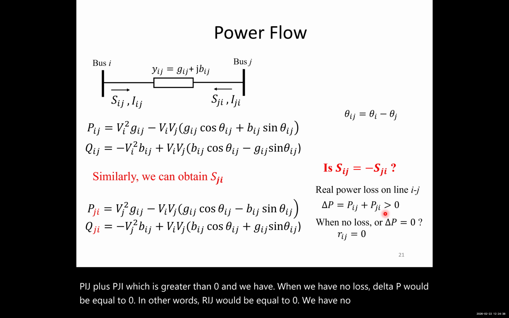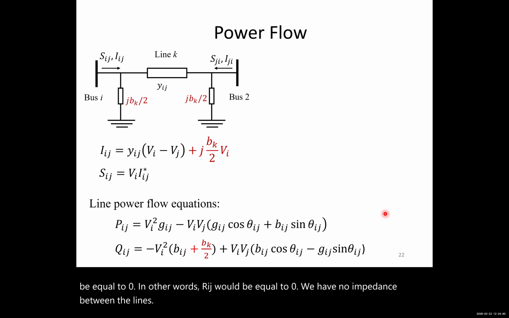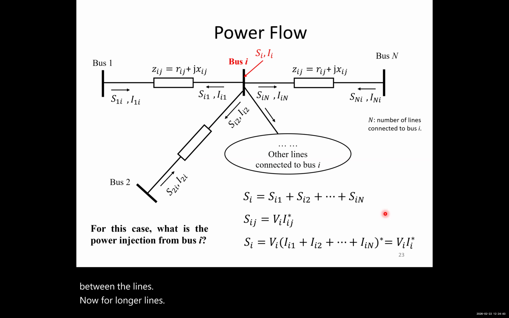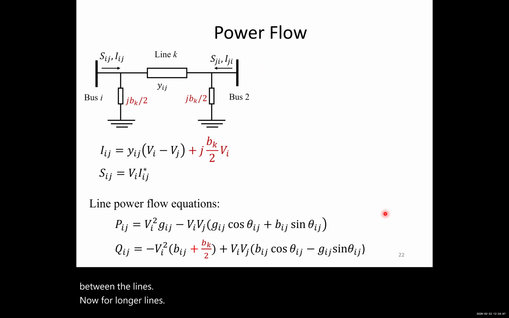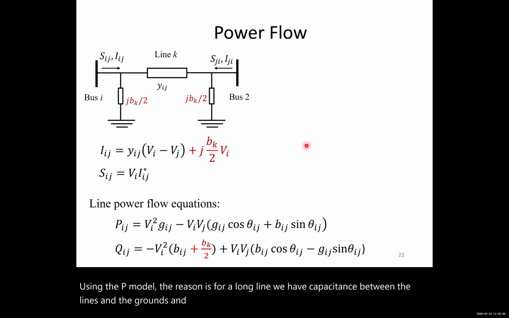Now, for longer lines, we include a shunt capacitance using the pi model. The reason is for a long line, we have capacitance between the lines and the grounds and between the lines as well.